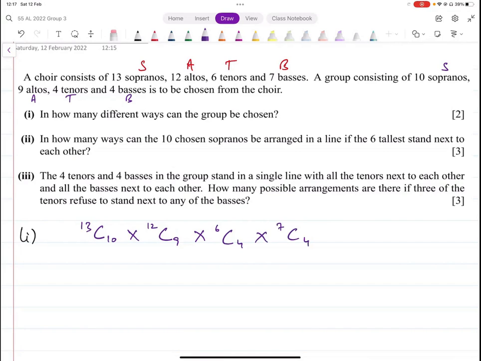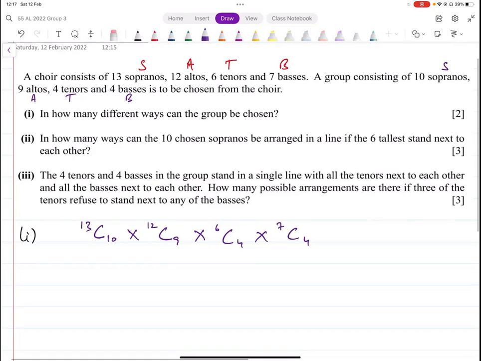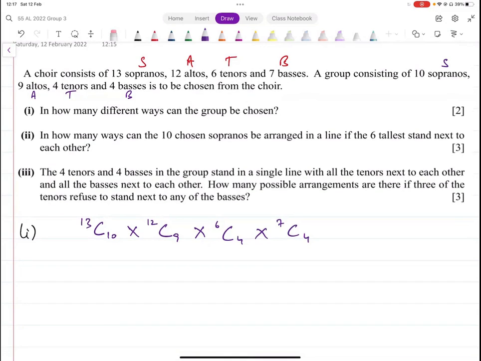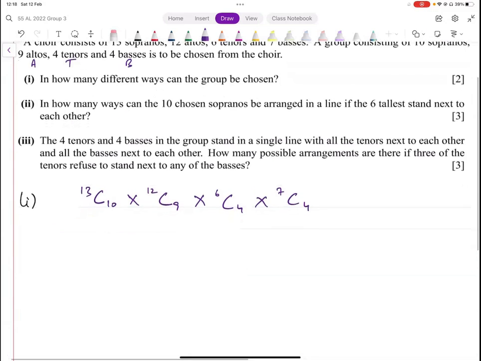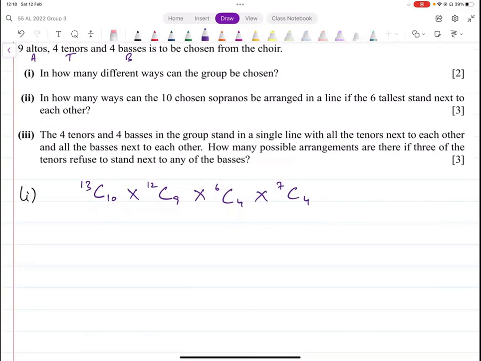And that's it. That's what you do in the first part. This is the number of different ways in which you can choose this group. Is that okay to everyone? Any problems? 330. Okay.